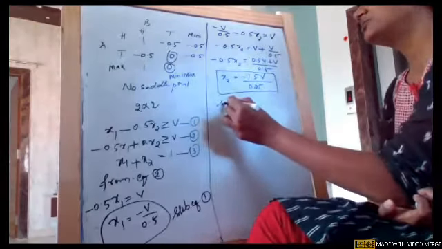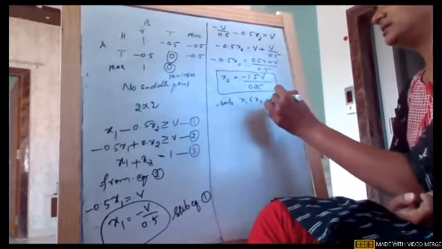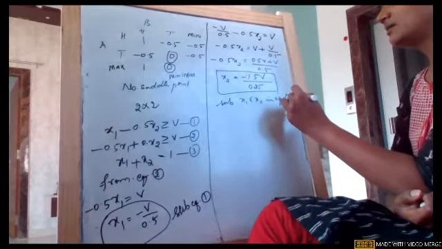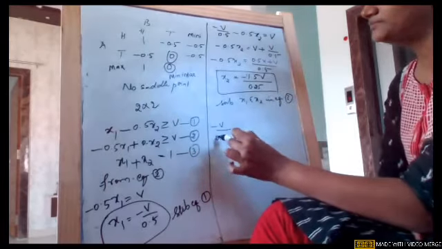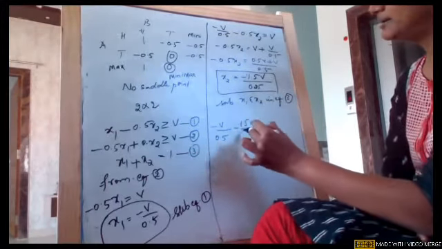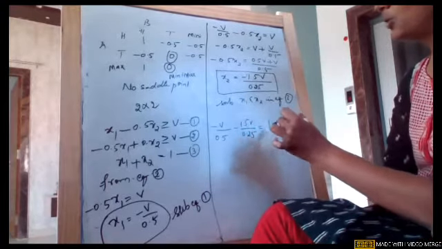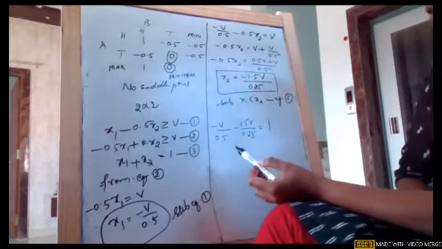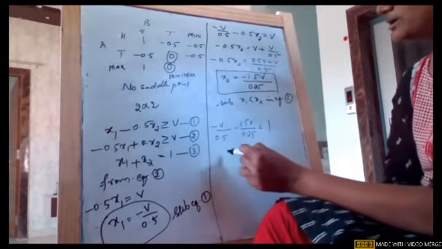Substitute x1 and x2 in equation 3. So minus v by 0.5 minus 1.5v divided by 0.25 is equal to 1. We need to derive what the v value is. For that we need to equate numerator and denominator.